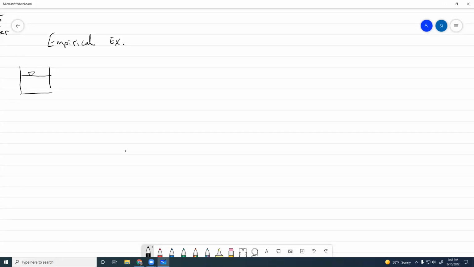Okay, here's our little reservoir. We've got a pipe flowing to another reservoir. I'm going to do a lot of these. And I think this is the same as a type 2 problem that we did last time. And this is cast iron.